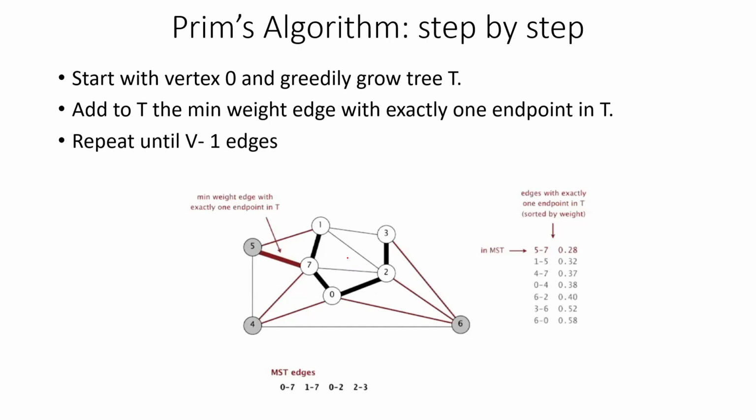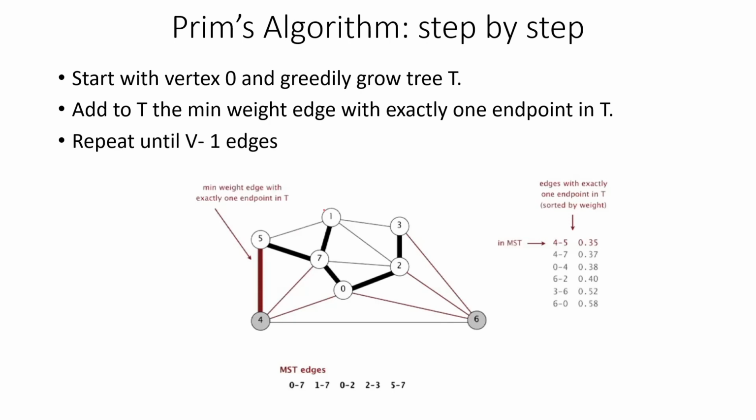Then we consider all the edges again, and the next is the edge between 5 and 7. We add 5 into our minimum spanning tree. Then we add the edge between 5 and 4.